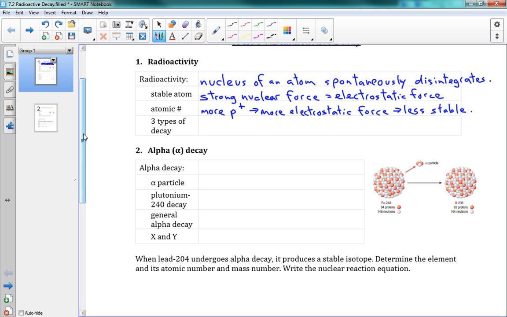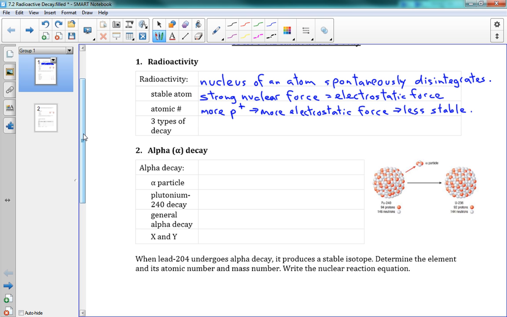So that's why, as you go up the periodic table, you start to see elements that are very rare to actually see in the real world because they decay so quickly. Things like plutonium and uranium, all high up on the periodic table, decay a lot. These sorts of elements are great for nuclear reactors.